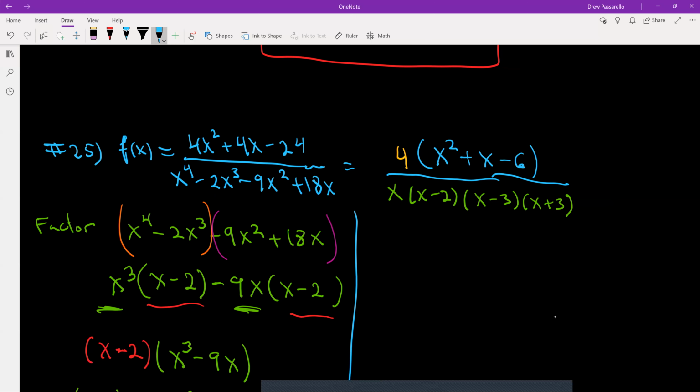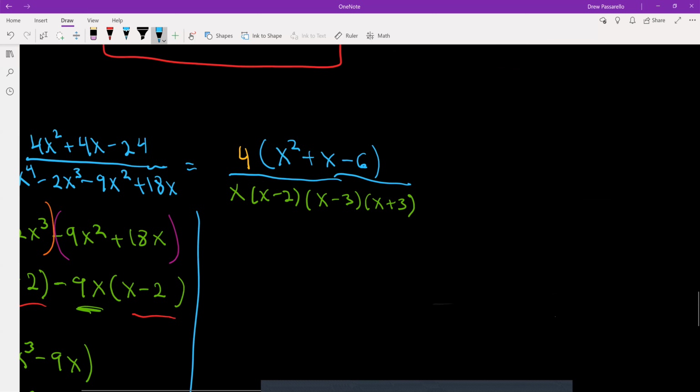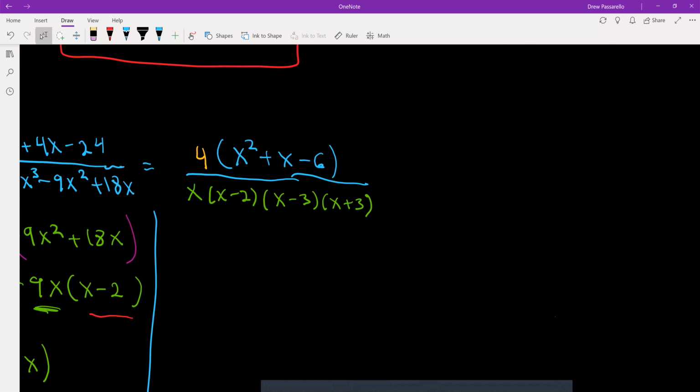And I can keep going with the numerator. So if I factor x squared plus x minus 6, that factors into x plus 3 times x minus 2. So I have 4 times x plus 3 times x minus 2. That's what the whole numerator turns into when it's factored. And then I'll just rewrite the denominator.